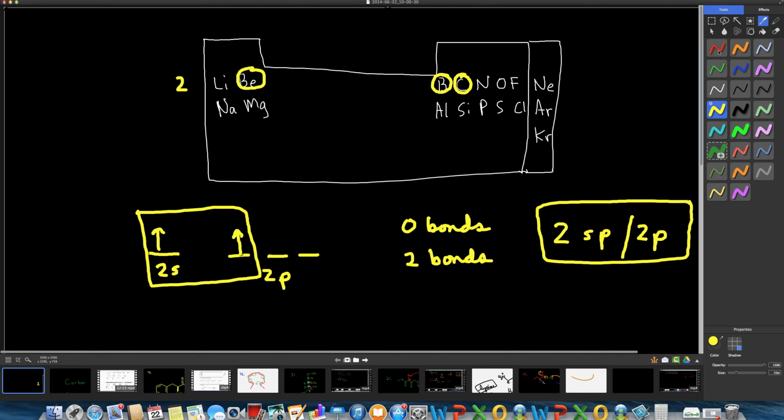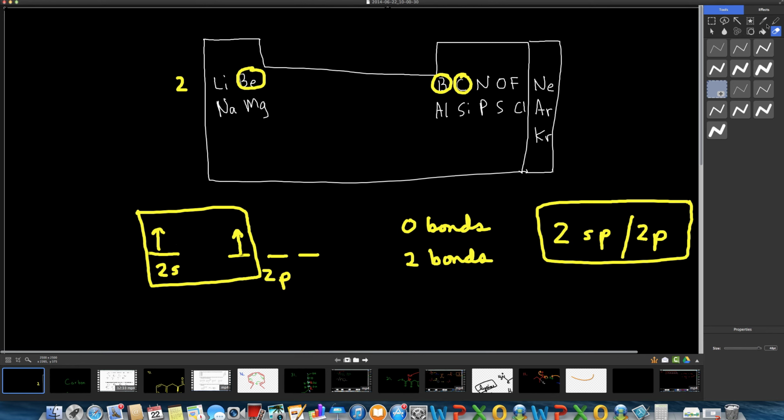Now I'm going to change this for just a moment to reflect boron. Boron would be 2s2, 2p1. And of course I can hybridize boron as well. Before hybridization, boron can make 1 bond.